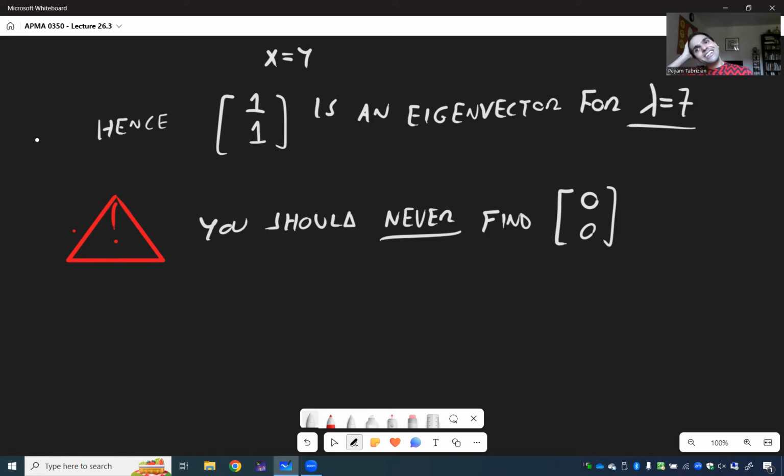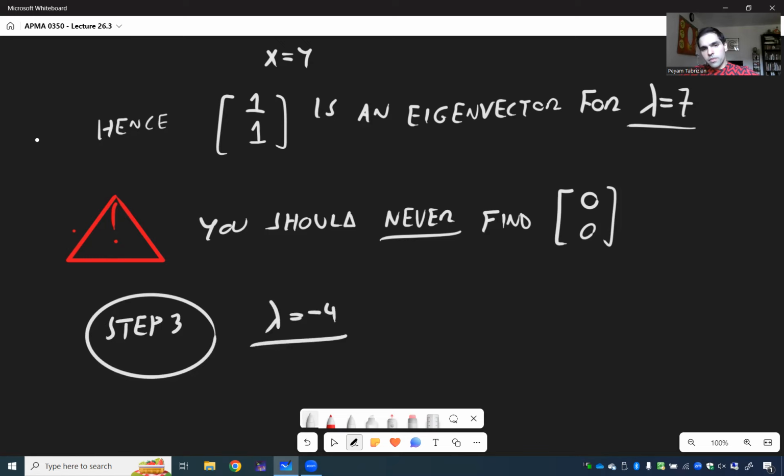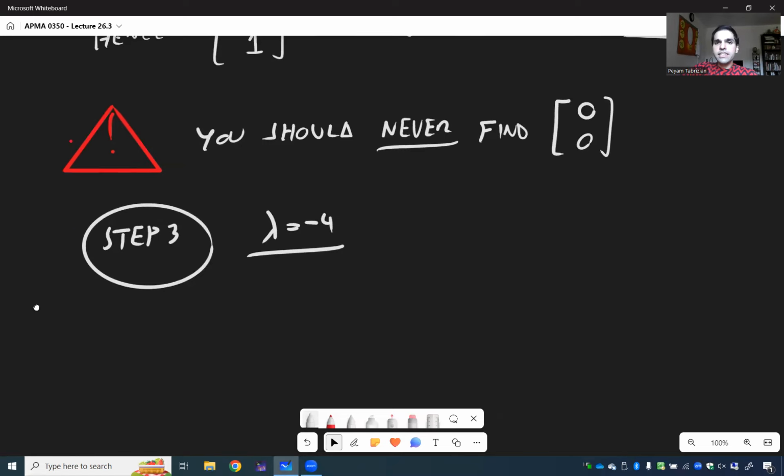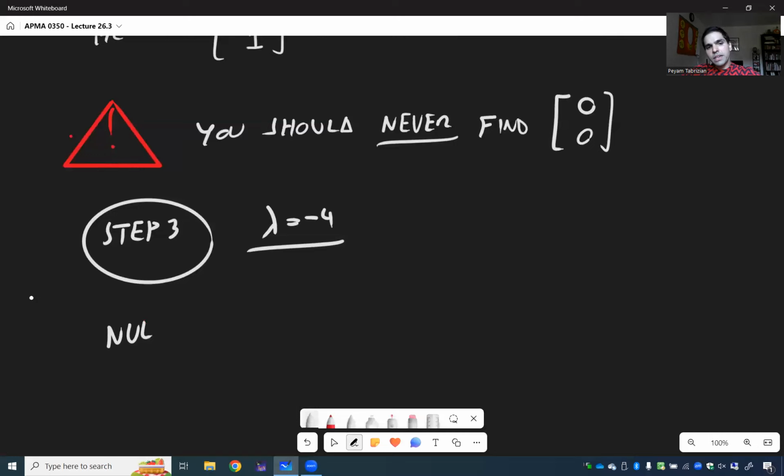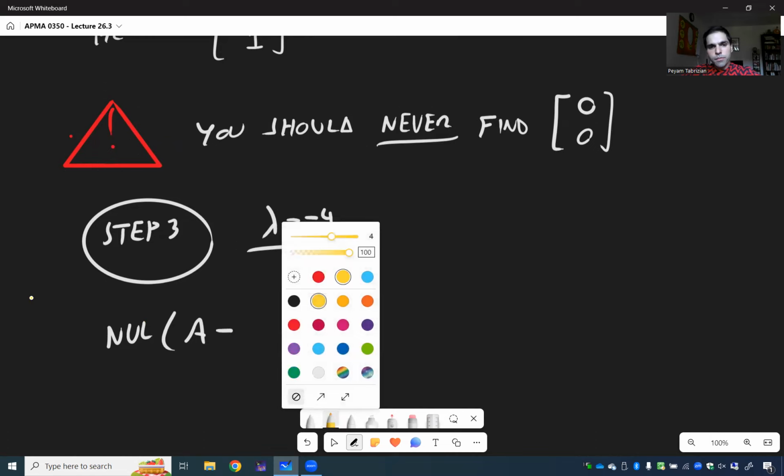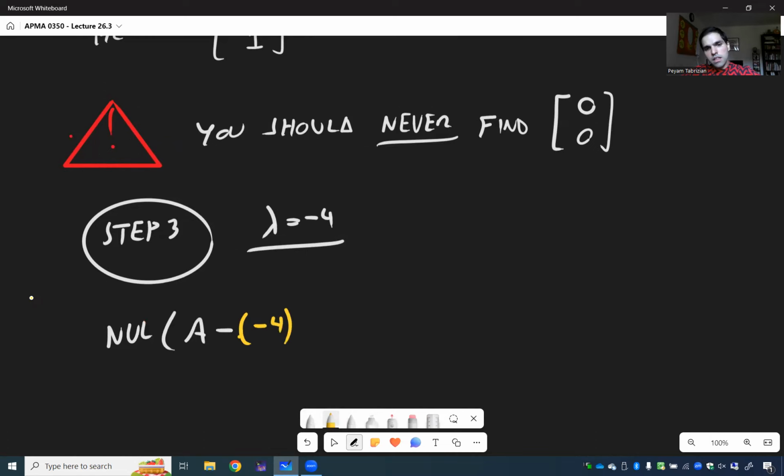Unfortunately, we're not done. We're just halfway done because we found one eigenvector. Now we need to find another one for lambda equals minus 4. So in this case, we need to find the null space of A minus (minus 4)I, which means you subtract minus 4 from the diagonals.